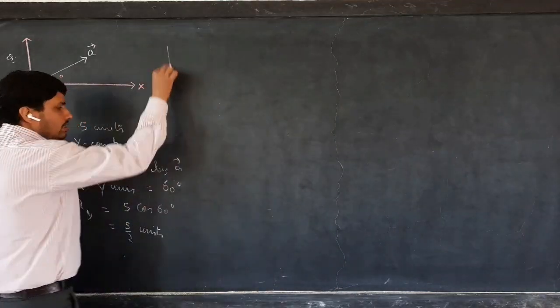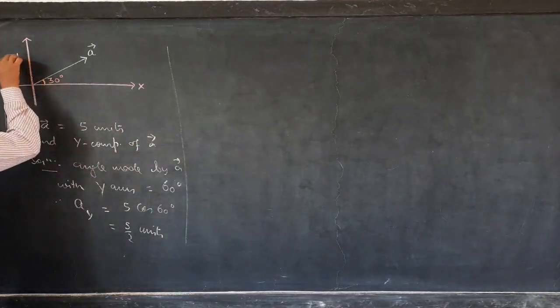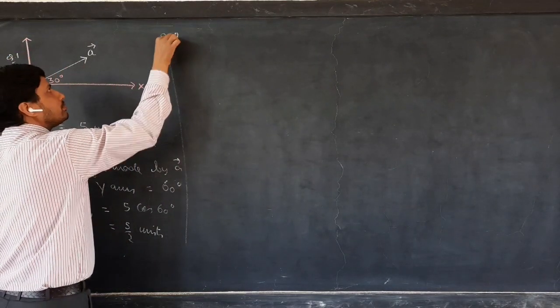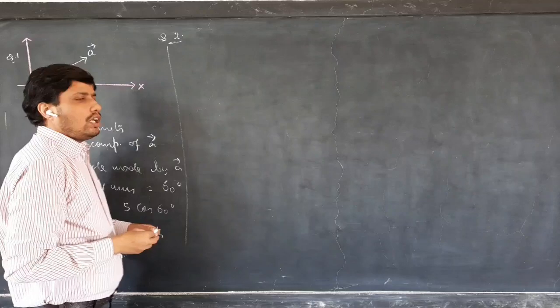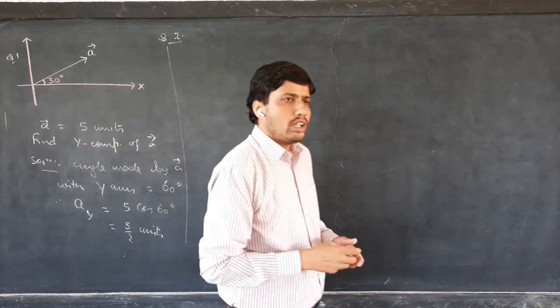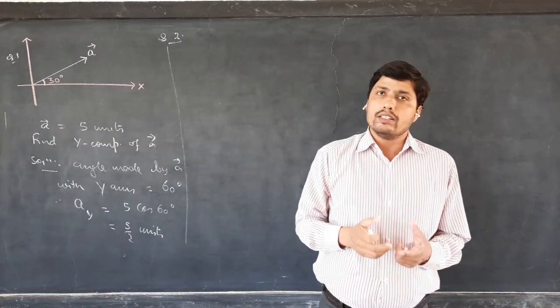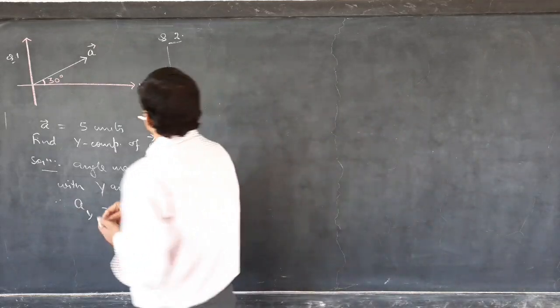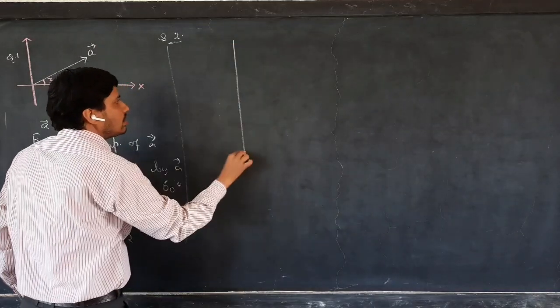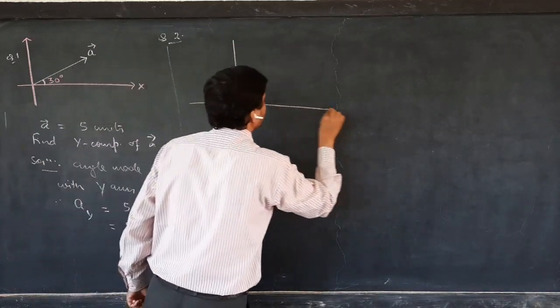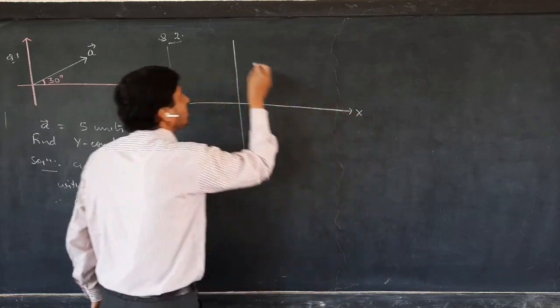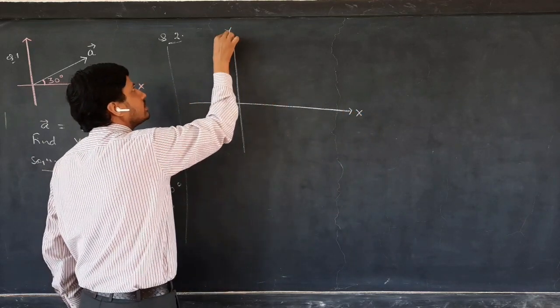Having understood this, let us see the next question. Question 2. Suppose we are given a set of vectors and we have to find their resultant. So let me draw the figure for you. This is x-axis, this is y-axis.